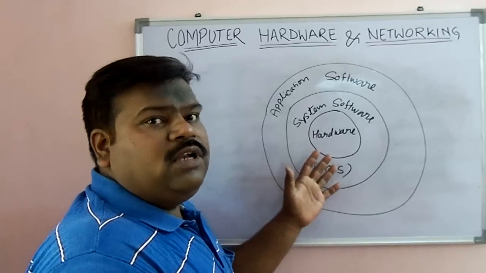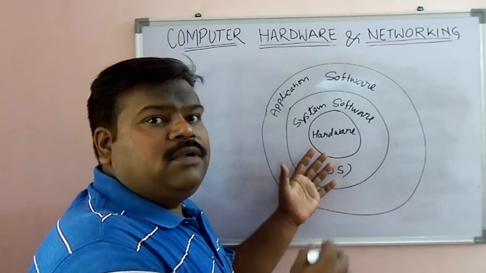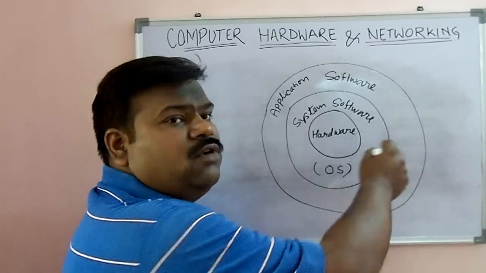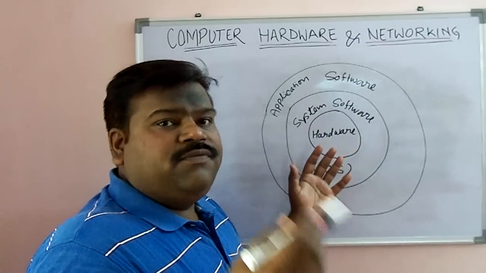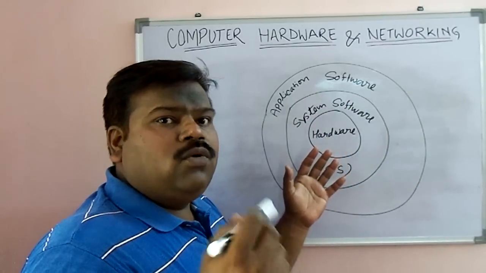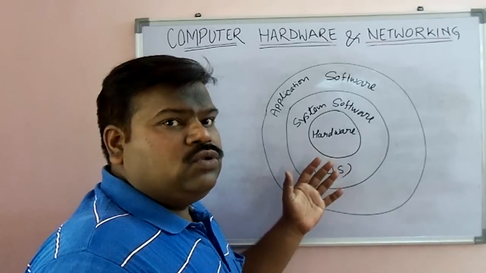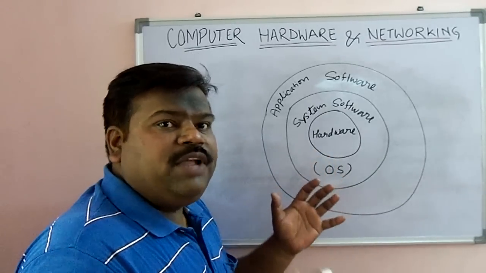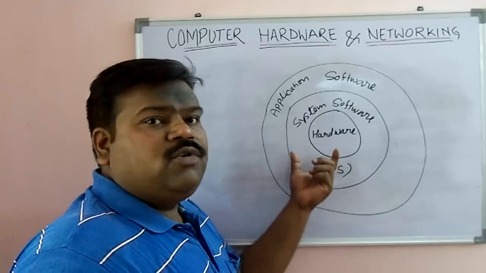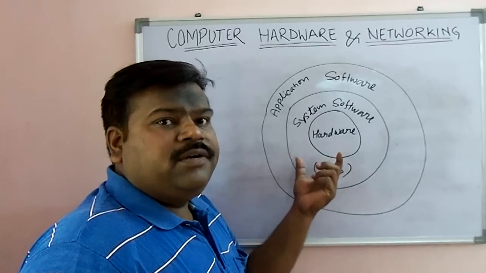After installing this operating system, we install application softwares like MS Office, Photoshop, CorelDRAW, etc. So the first thing is we have to install the operating system or system software on hardware.